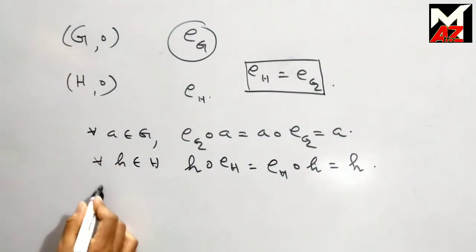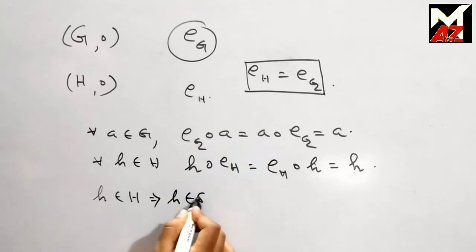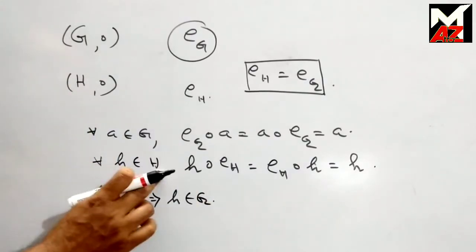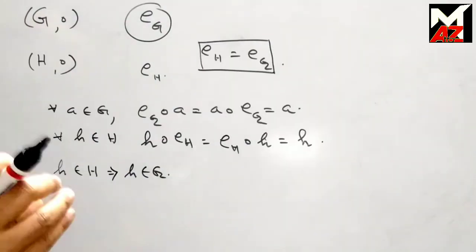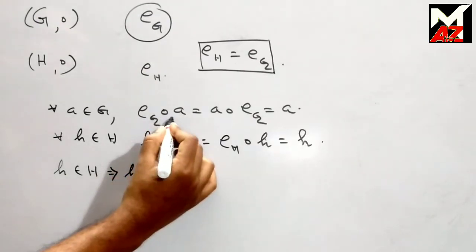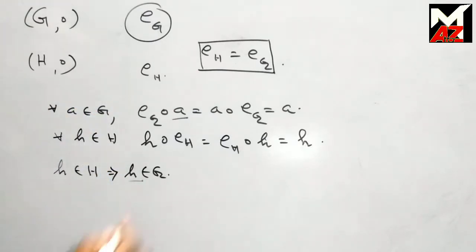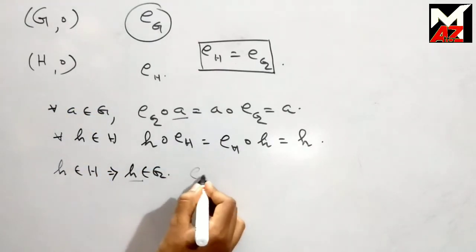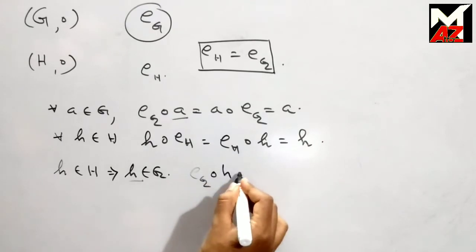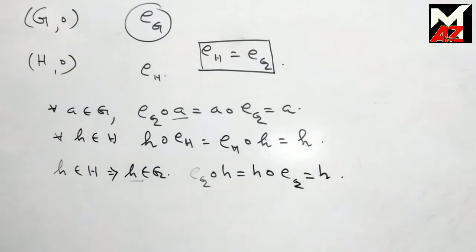Now, if h belongs to H, then obviously it belongs to G also, because H is a subset of G. Then we put h in place of a, because h also belongs to G. That is, we write EG compose h equals h compose EG equals h.